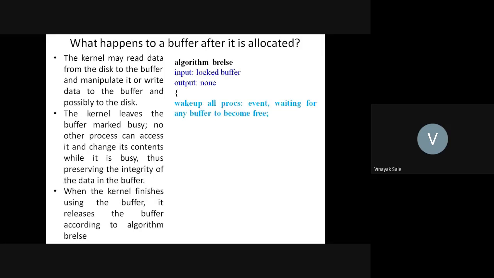When a buffer is allocated for processing data, it is marked as busy so that no other process can access it or change its contents while it is busy, thus preserving the integrity of data in that buffer.